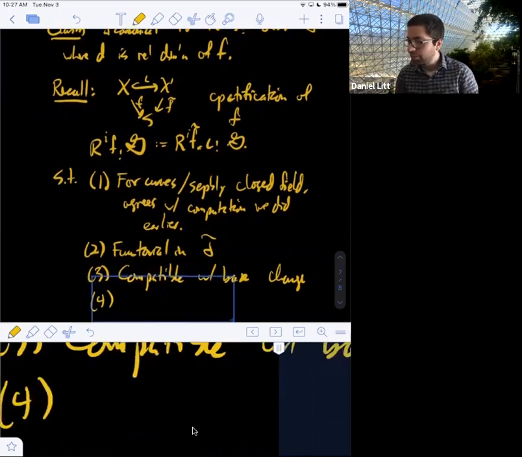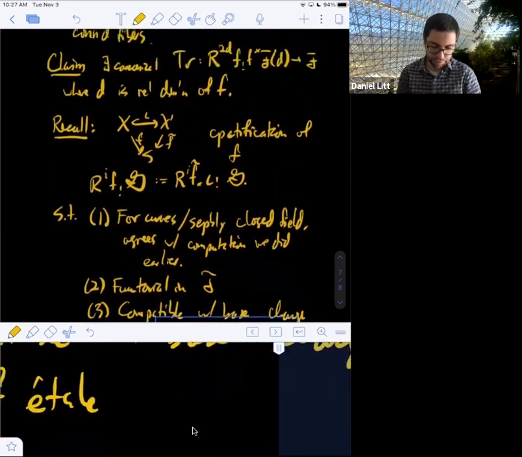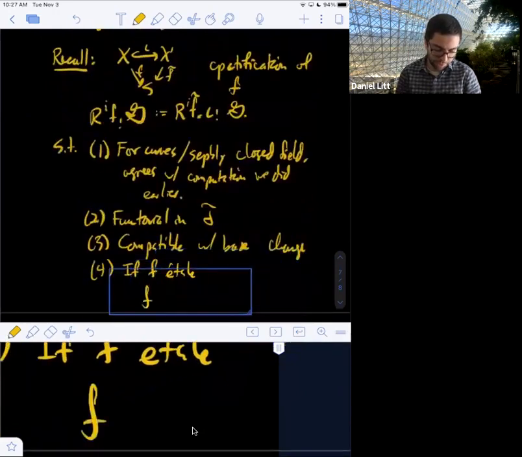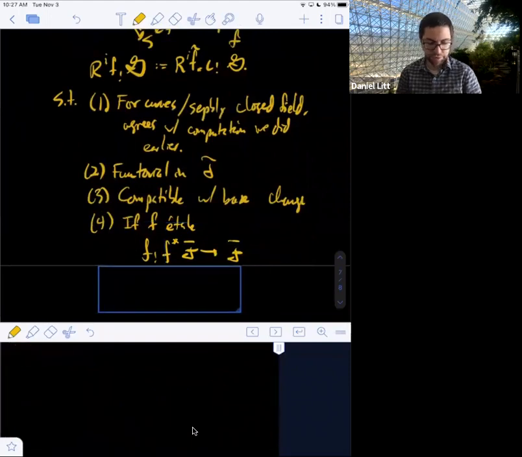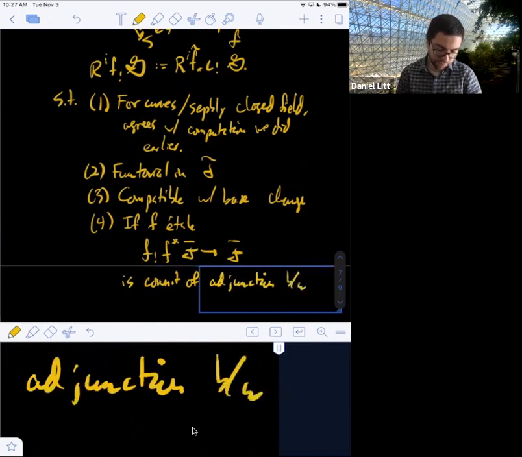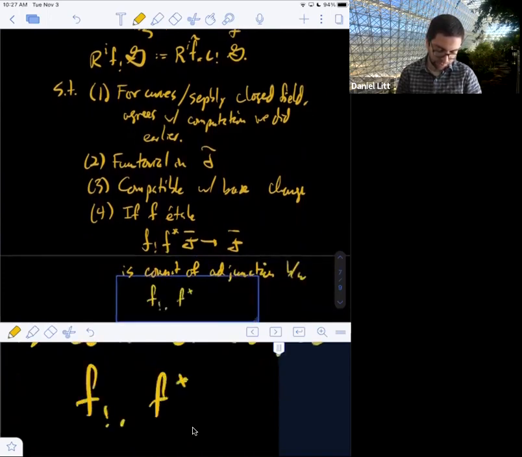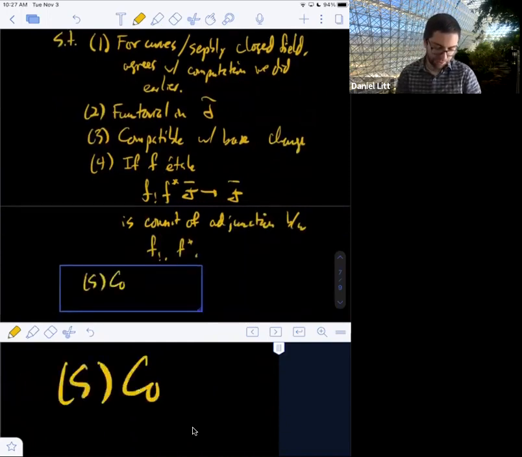Four, if f is etale, then d is 0. So we want to map f_! f^* of the sheaf to the sheaf, and this is just the counit of the adjunction between f lower shriek and f upper star. And finally, we want this map to be compatible with compositions.